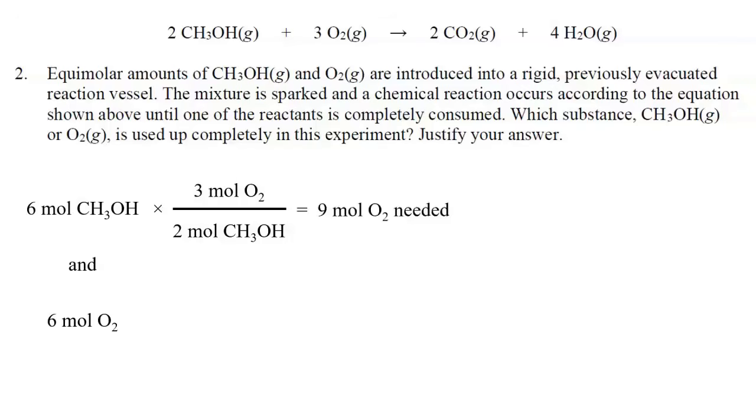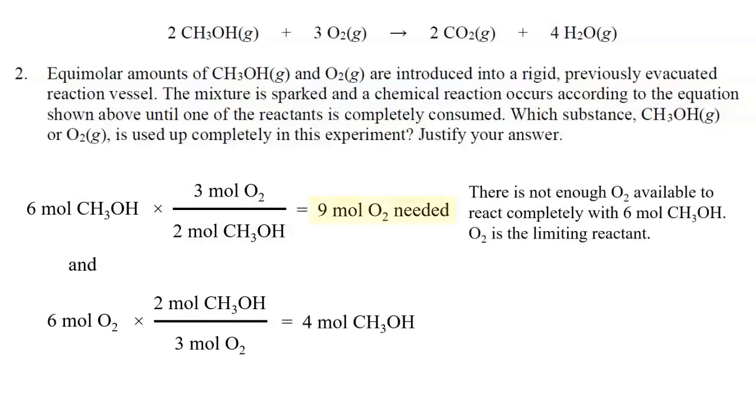And if we go the other way, now the coefficient ratio would be 2 moles of methanol on the top, 3 moles of O2 on the bottom. 6 times 2 is 12, divided by 3 is 4. So 4 moles of methanol would be needed to react with 6 moles of O2. Well, if I only have 6 moles of O2 available, there is not enough O2 to react completely with 6 moles of methanol.